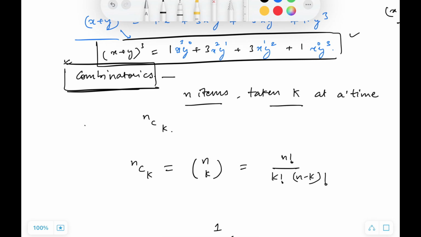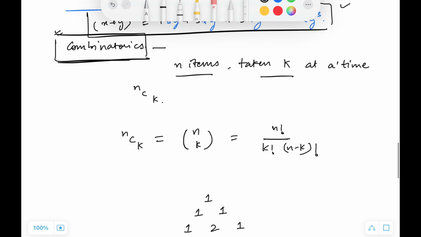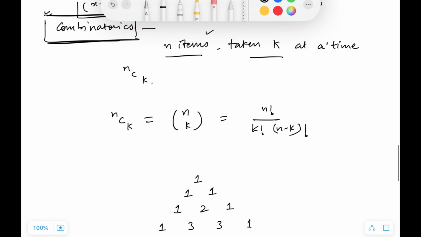Okay, so in terms of combinations, we have n items, we are taking k items at a time. See, n is my row number, k is my kth entry in that row, and that value will be represented by NCK.